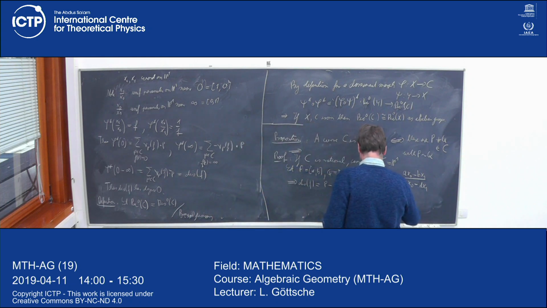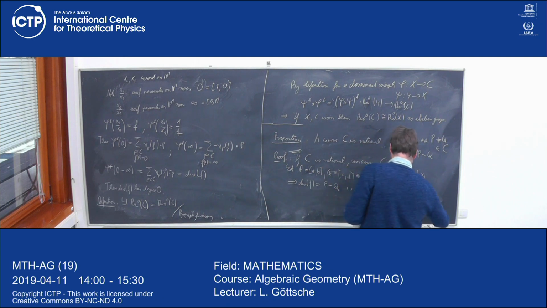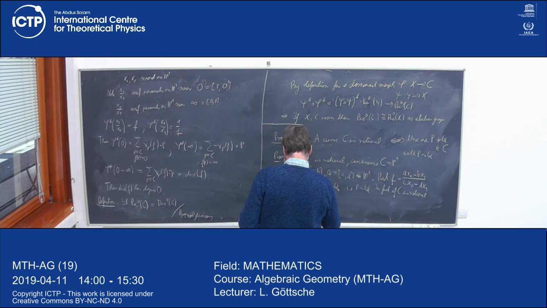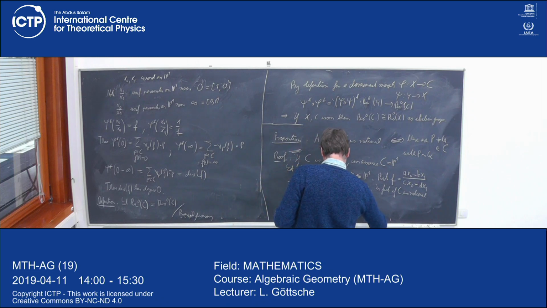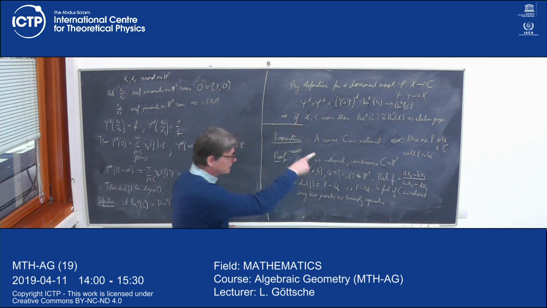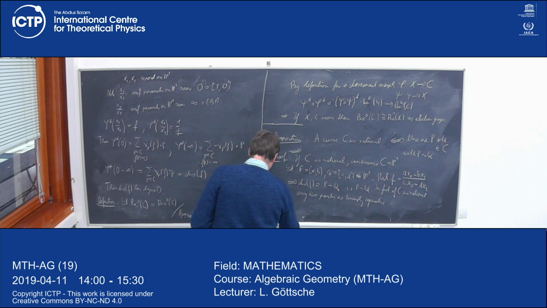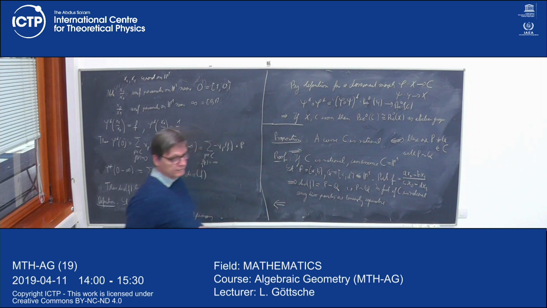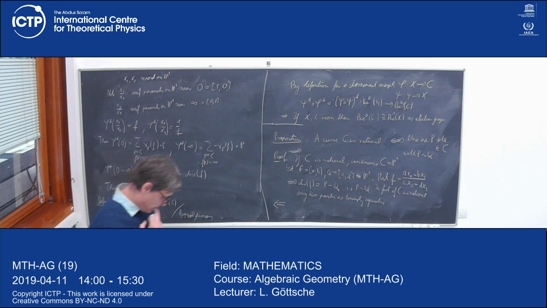In fact, if C is rational, any 2 points are linearly equivalent. In this direction, we have proven something stronger than we state here. Now, in the converse direction, we want to see it using only the weaker statement.